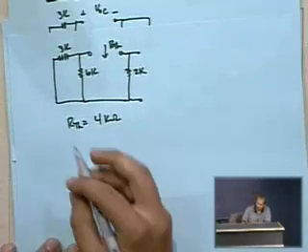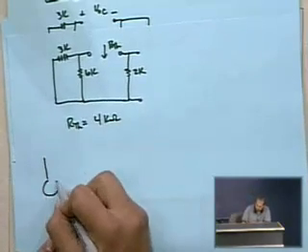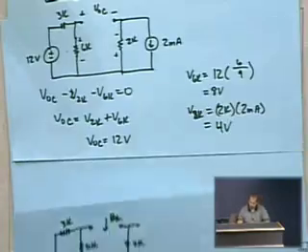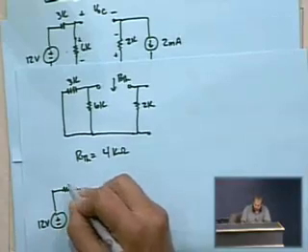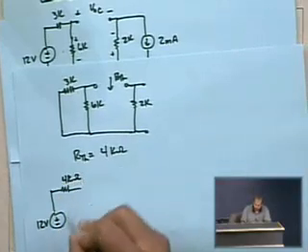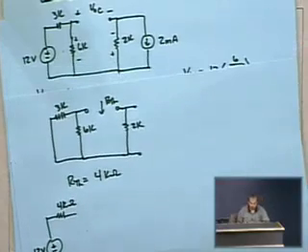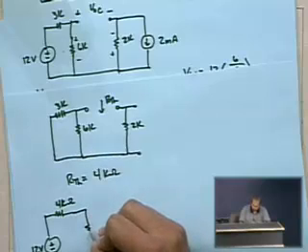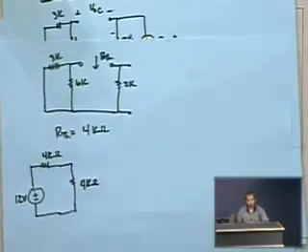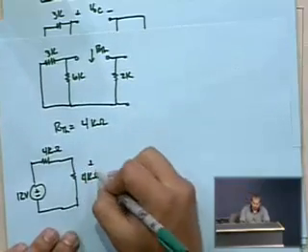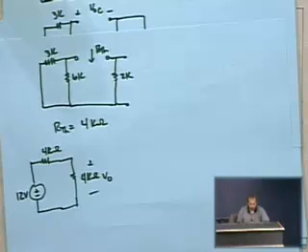So our open circuit voltage we solved for as being 12 volts. We found an equivalent Thevenin resistance of 4 kiloohms. And our load resistor was, again, 4 kiloohms. And we wanted to find the voltage across that, V sub 0.